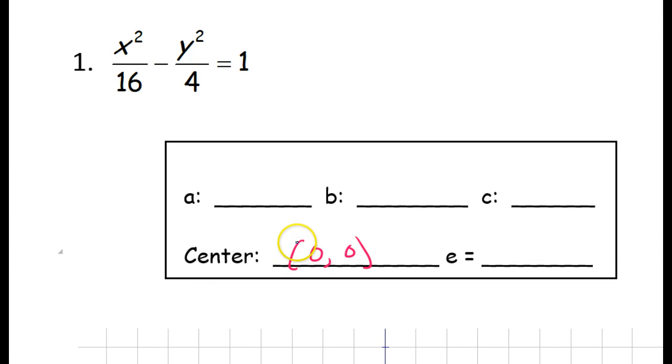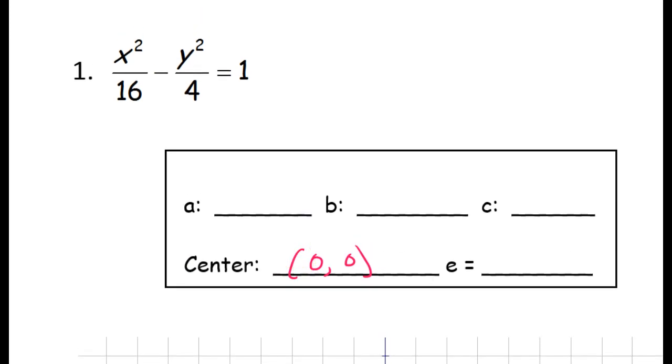Now let us find the vertices. We will find the vertices by learning the a value. Remember, the first denominator, the positive term denominator, is always going to be a squared for a hyperbola. That means a is 4. Notice that the 16 is the denominator of the x term.